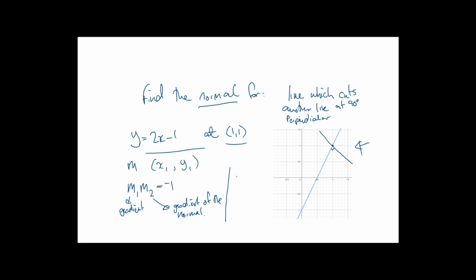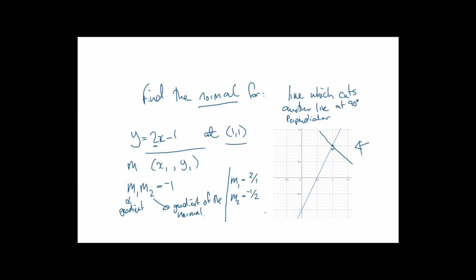Quick way of doing it though is, if the gradient of this one, and I'm going to show you straight away, is 2 over 1. So the gradient of the tangent m1 is 2 over 1. The gradient of the perpendicular, or the normal, m2, is going to be -1 over 2.